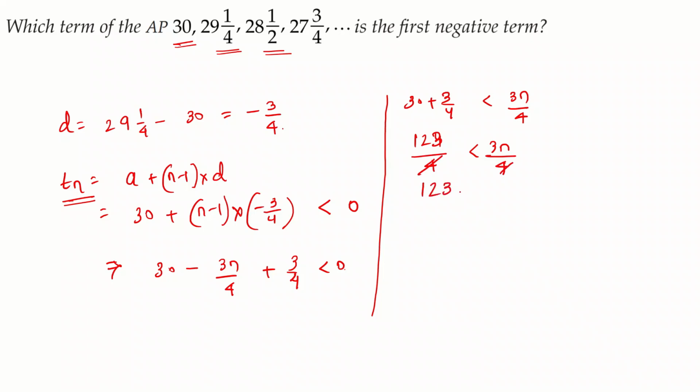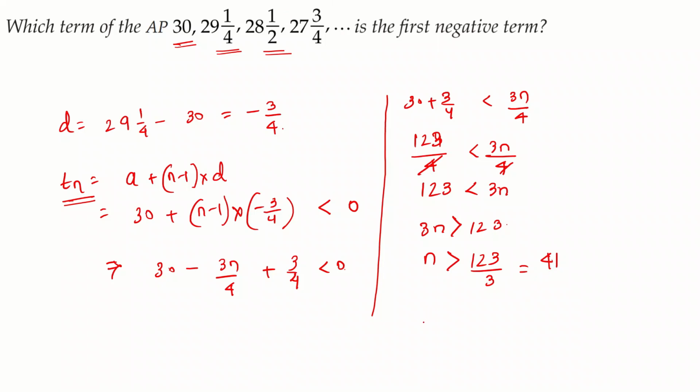So 123 less than 3n means 3n is greater than 123. That means n is greater than 123 upon 3, which means 3 4s are 12, 3 1s are 3. So it's n greater than 41. So that means we can take our n to be greater than 41.